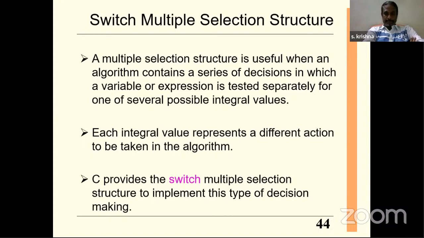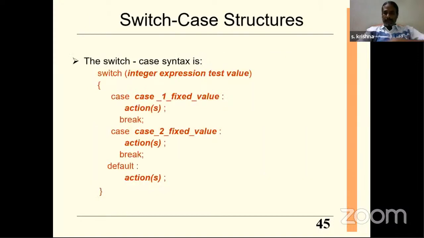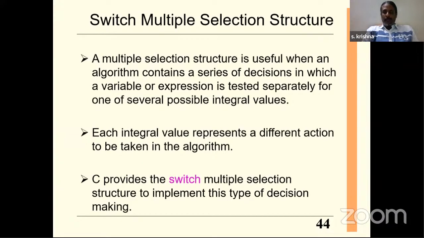For example, if you have multiple options, take one example that you have 7 to 8 choices: door number 1, door number 2, door number 3, or door number 4, like that. If you are selecting one door, that is 3.